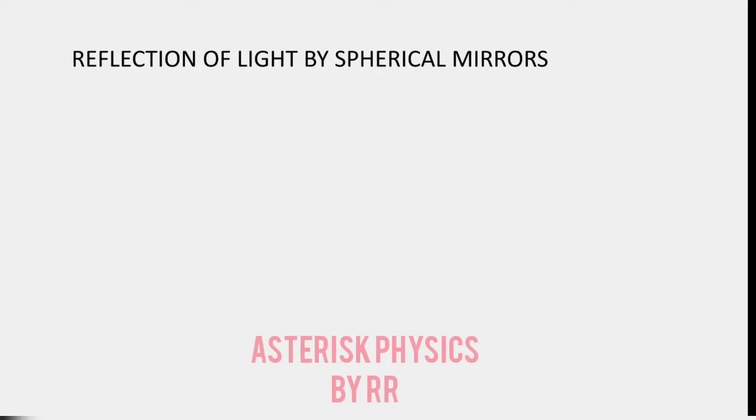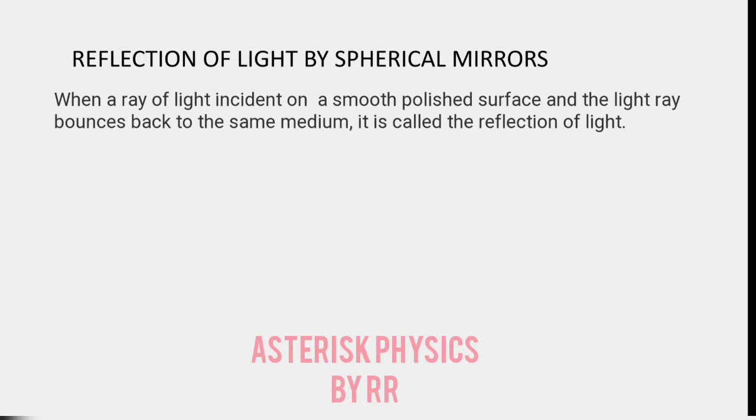Let us see reflection of light by spherical mirrors. When a ray of light is incident on a smooth polished surface, a reflecting surface, the light ray bounces back to the same medium. This phenomenon is called reflection of light.